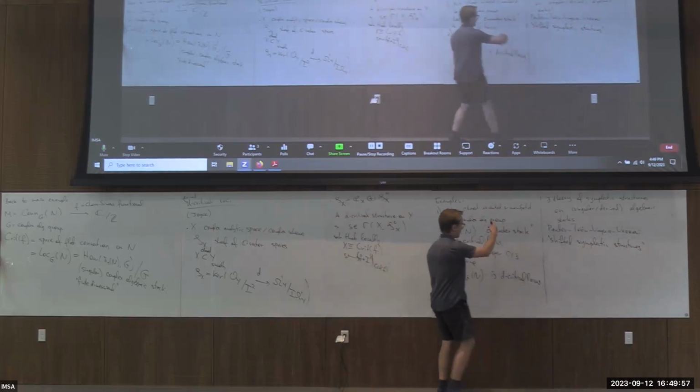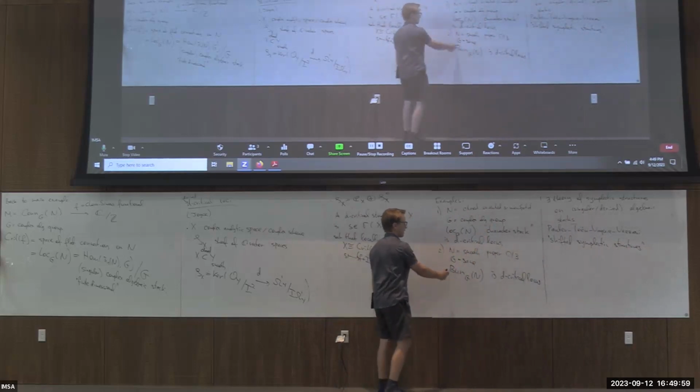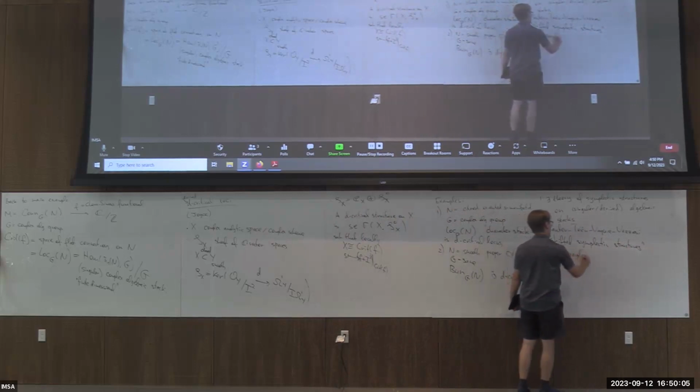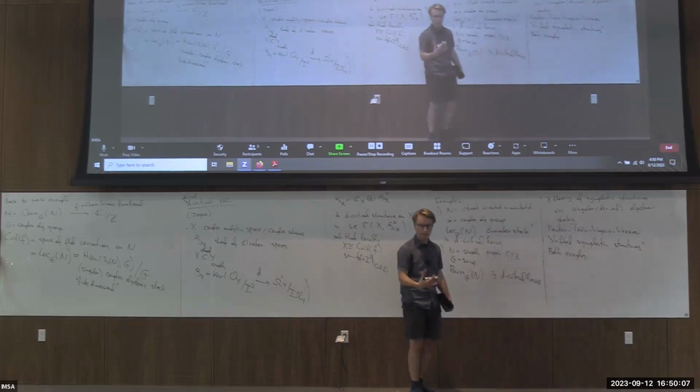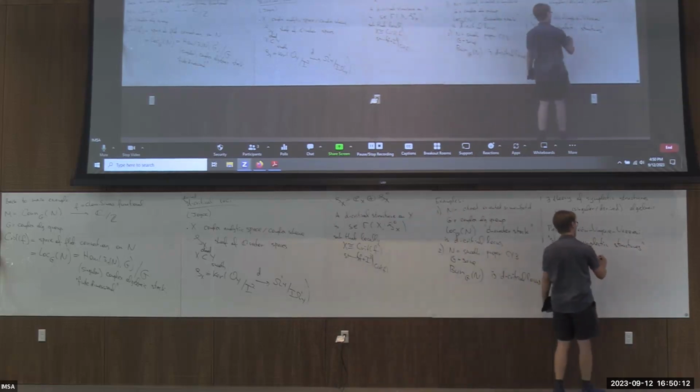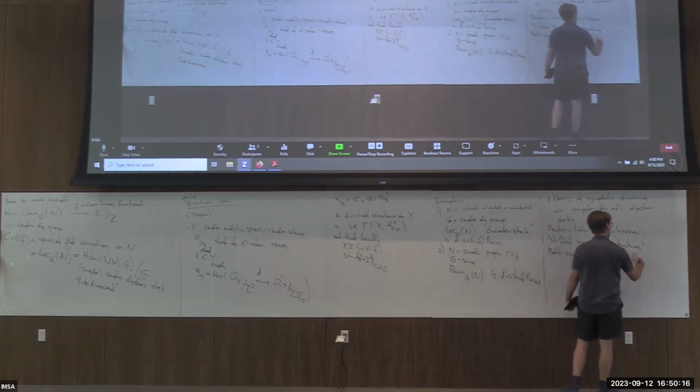And so both of these spaces actually have this kind of shifted symbolic structure. It's a minus one shifted symbolic structure.